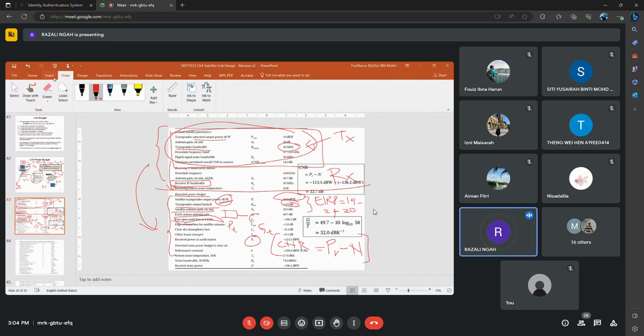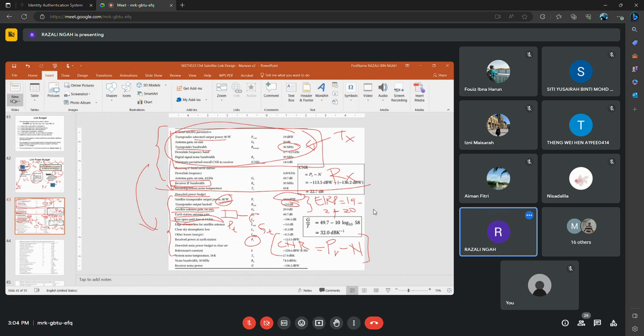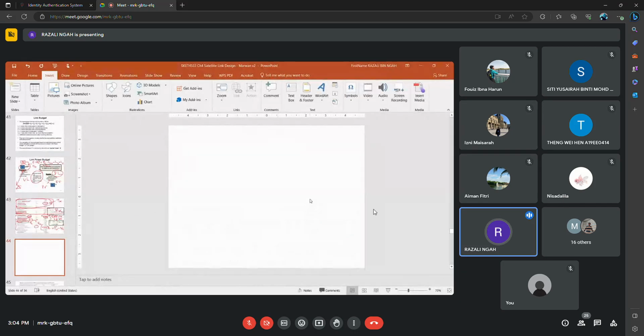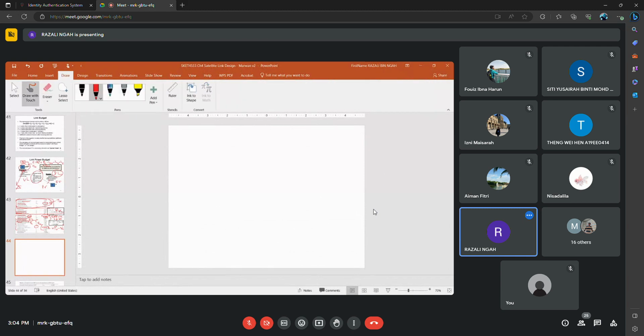Let me explain. If we have a satellite, we have a coverage area. So we have a footprint.